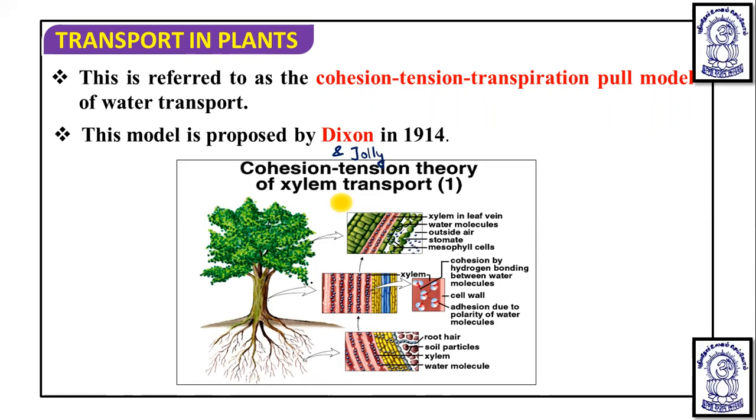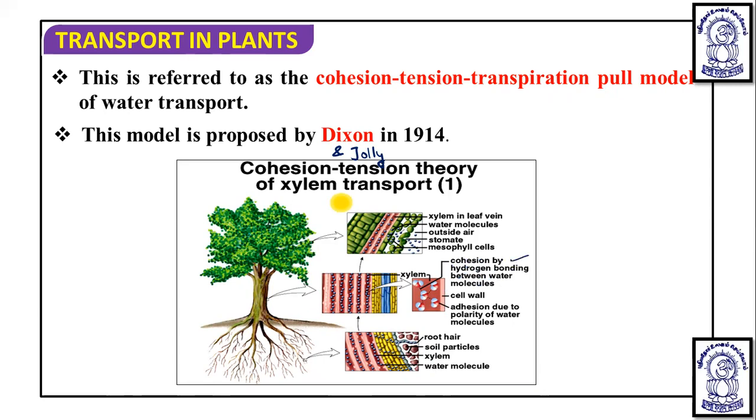And this will be explained like this. You can see here in the root hair the soil particles are there, and this is the xylem, in which water molecules are there, shown as dotted structures. These water molecules are there in the root xylem as well as the stem xylem. In the stem xylem, you will see the cohesive and adhesive force. Cohesion exists between two similar components, which are the water molecules, by hydrogen bonding between the water molecules.